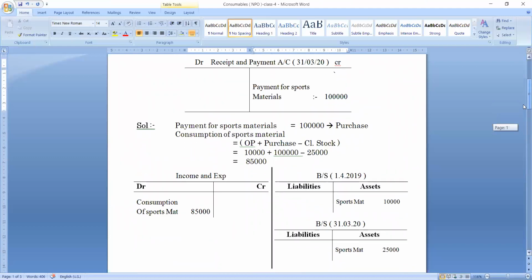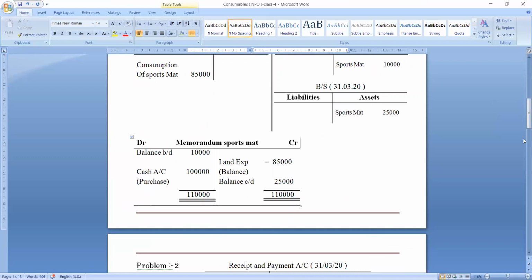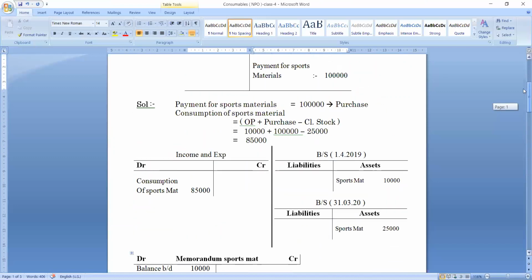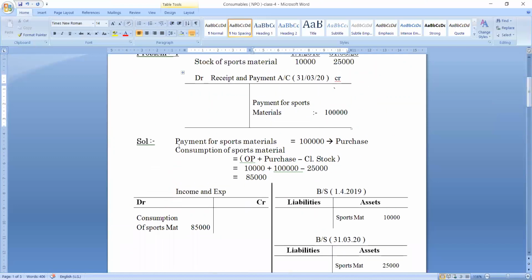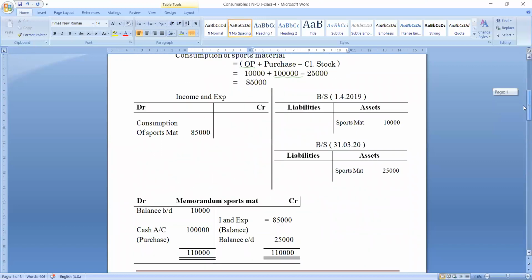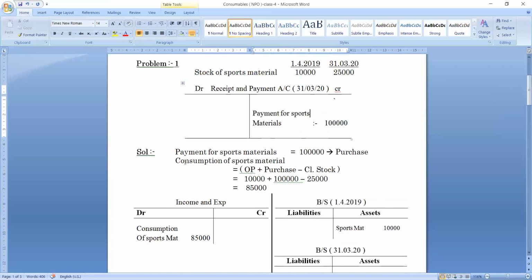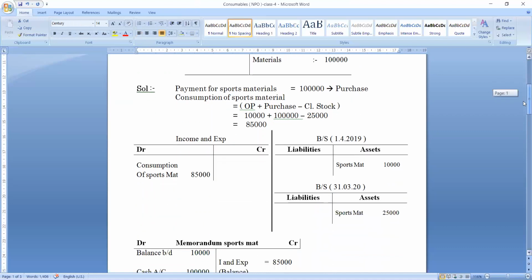I suggest you prepare the memorandum sports material account, and you can solve the question easily. Consumption of sports material is equal to opening stock plus purchase minus closing stock. Here opening stock is 10,000, purchase is 1 lakh rupees, closing stock is 25,000. You just calculate these things.